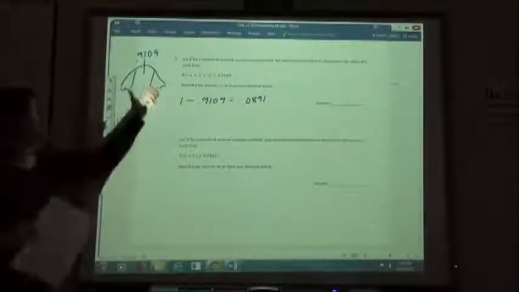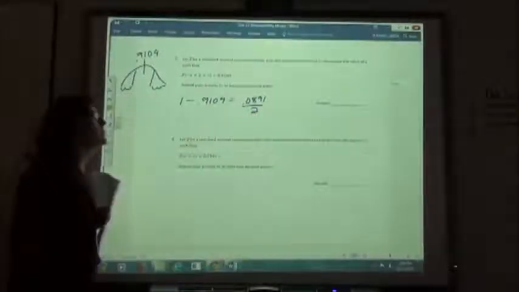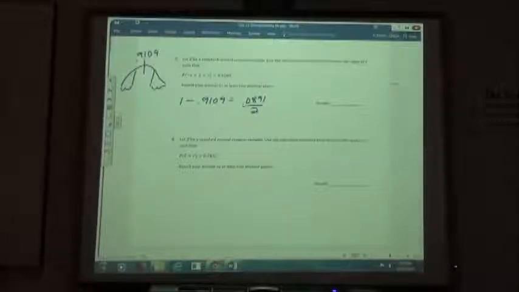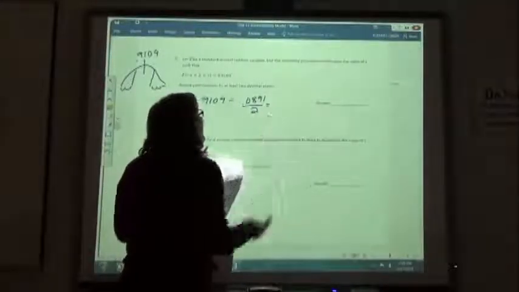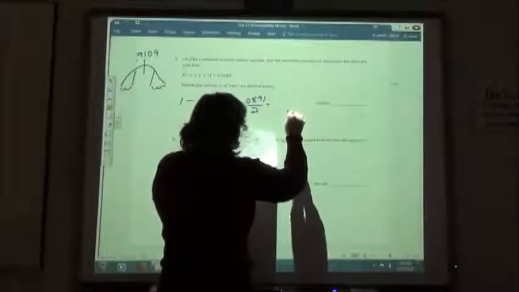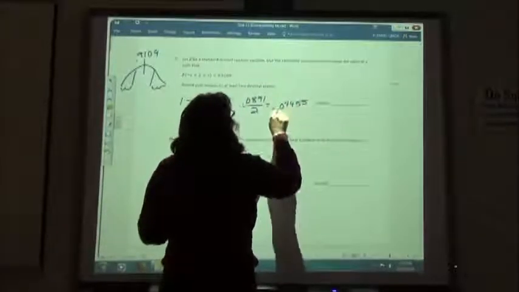Now that would be for both of these two sections together, and we only want each of them, so we're going to take that number and divide it by 2. If I divide that by 2, I get 0.04455. We don't probably want to round until we get to the answer.